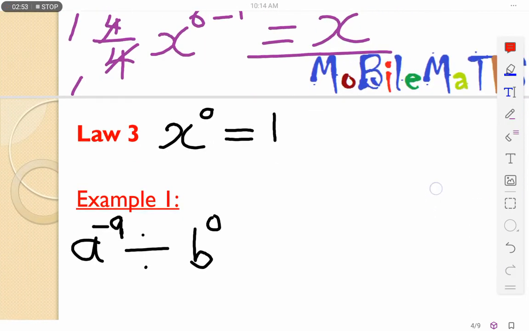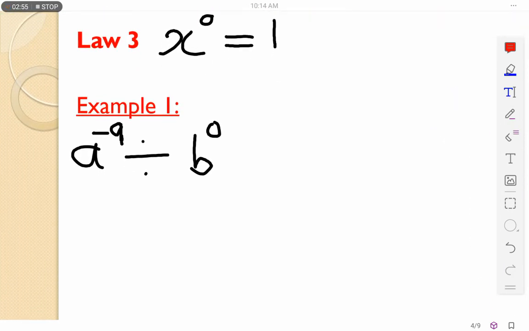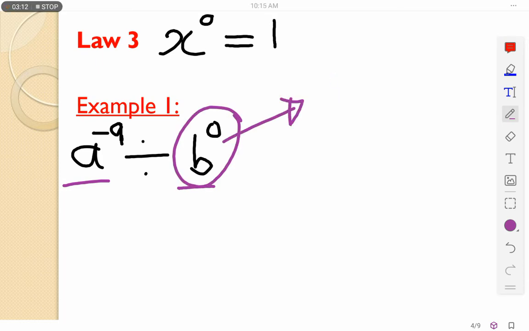Okay, let's look at law number 3: any number raised to the power of 0 gives 1. Here we've got different bases, a and b, but because this one is raised to the power of 0, it becomes a 1. So I'll have a to the power of minus 9 divided by 1.